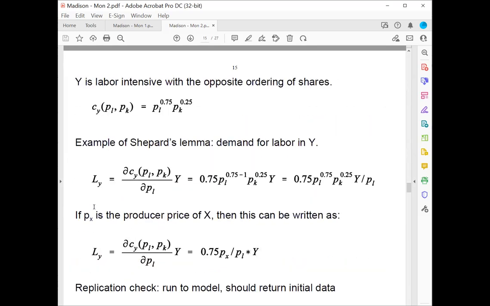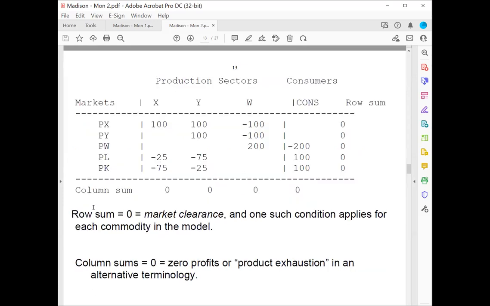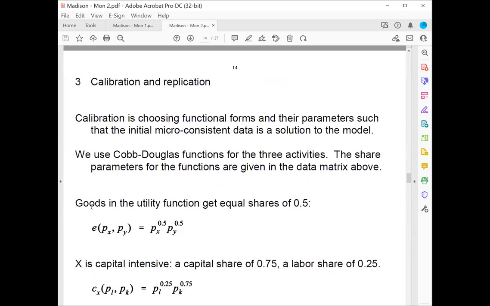Okay, so then kind of the last step is calibration, and that's making these numbers consistent with the functional forms. I've chosen really simple functional forms. Tom kind of hates it when I do Cobb-Douglas, but it's only a teaching technique.